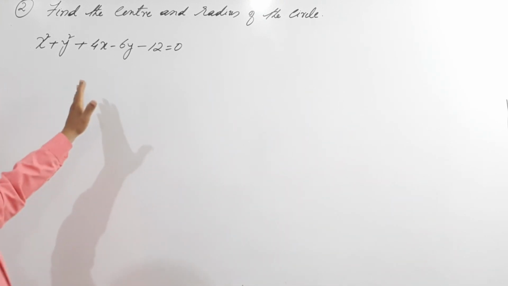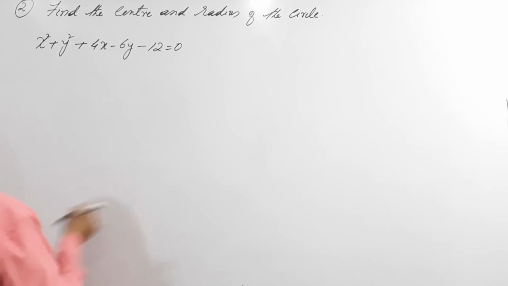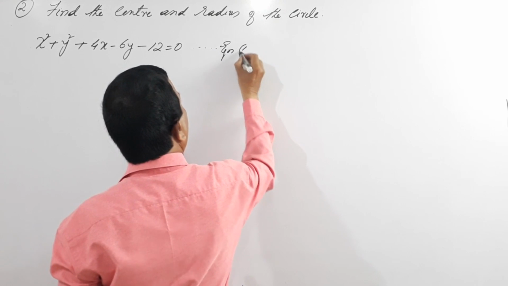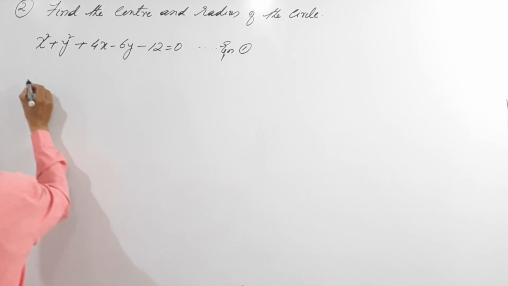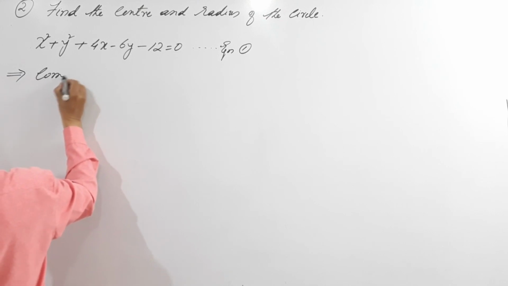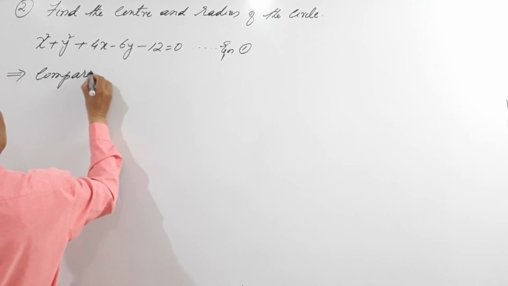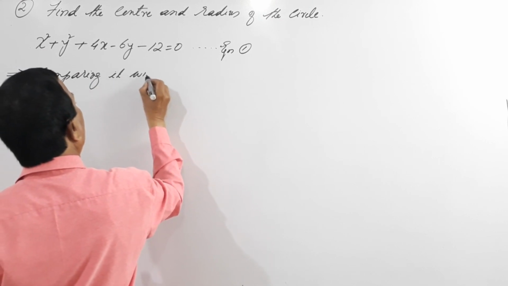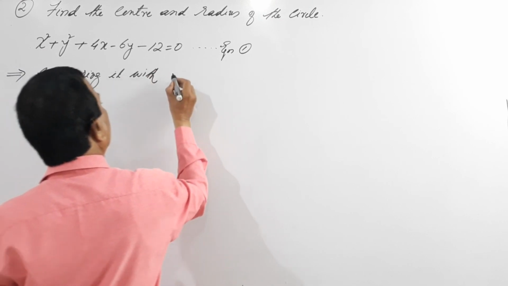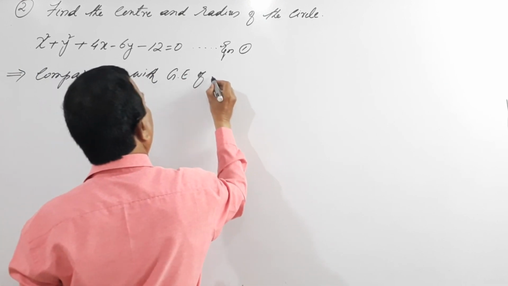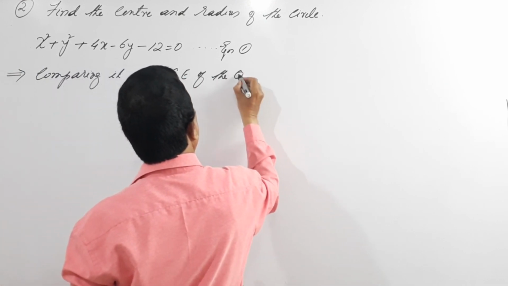So what I generally do when you are given this, you call this equation 1. Comparing it with the general equation of the circle.